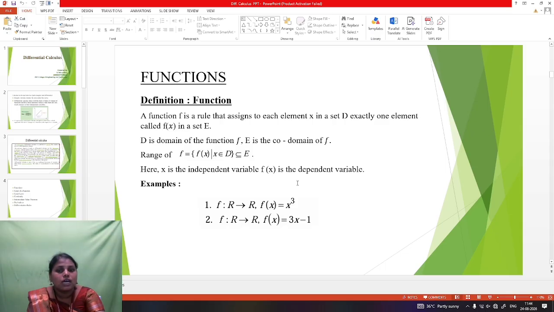The range of f equals the set of f of x such that x belongs to D.